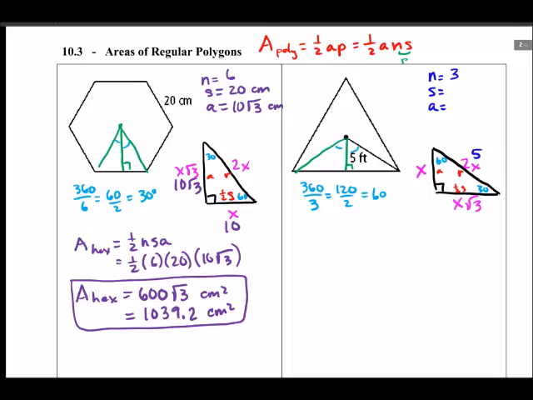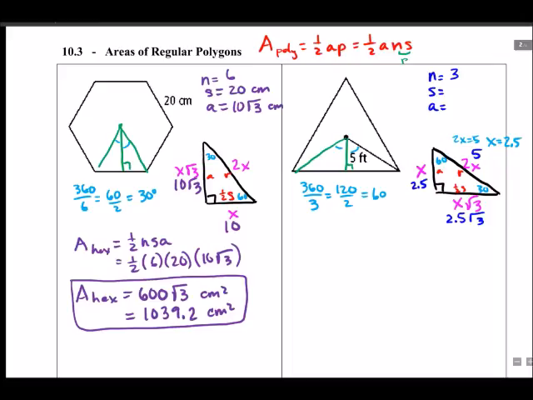So what do we know this time? We know that 2x equals 5. 2x equals 5, so x equals 2.5. So that means that our apothem is 2.5 and this side is 2.5 square root 3.